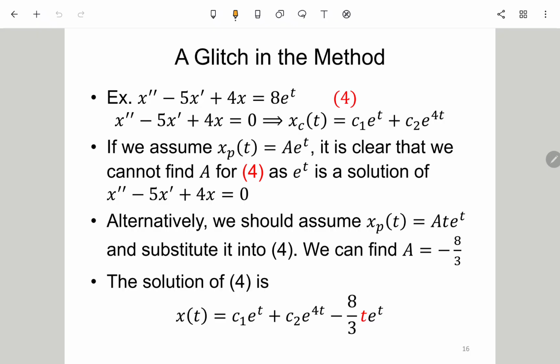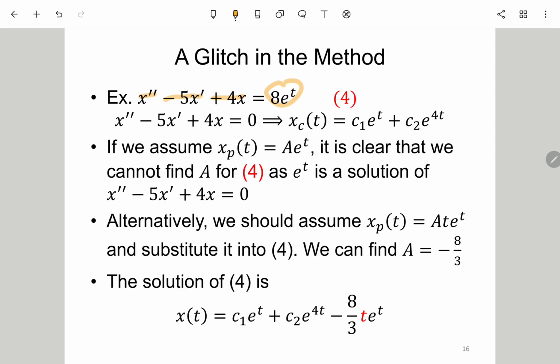Here we consider an example: x double prime minus 5x prime plus 4x equals this part. If you don't consider the homogeneous equation, sometimes you'll make mistakes.